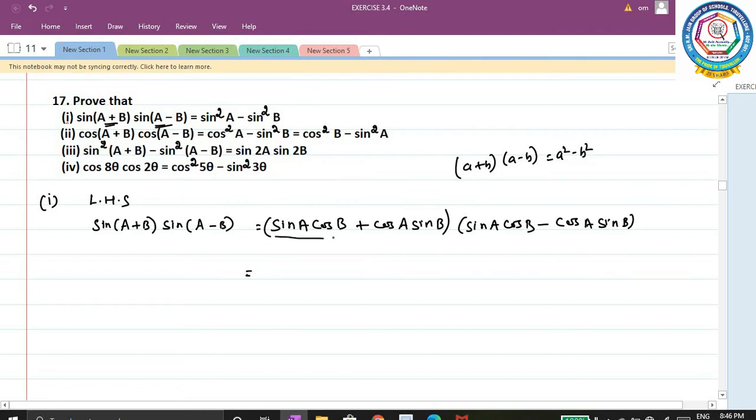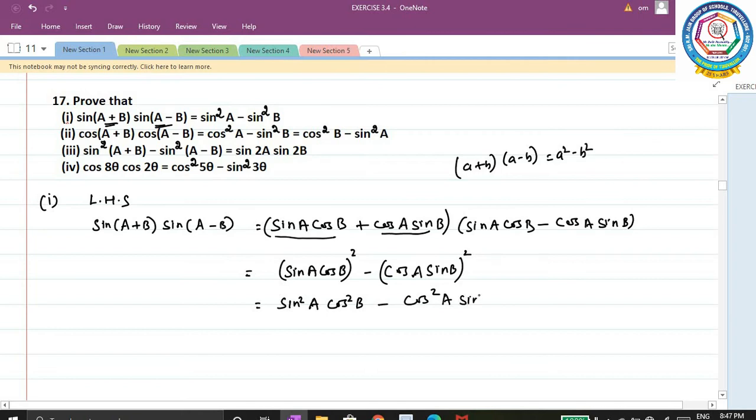Instead of a, place sin A cos B, and instead of b, place cos A sin B. So (sin A cos B) the whole square minus (cos A sin B) the whole square. Next, take the squares separately: sin square A cos square B minus cos square A sin square B.